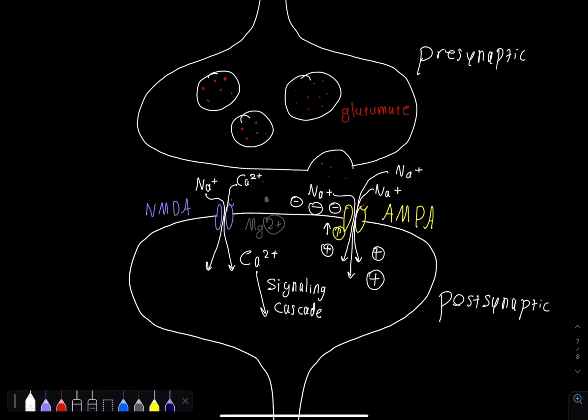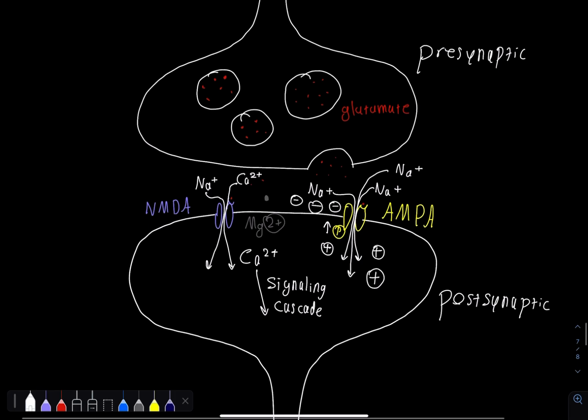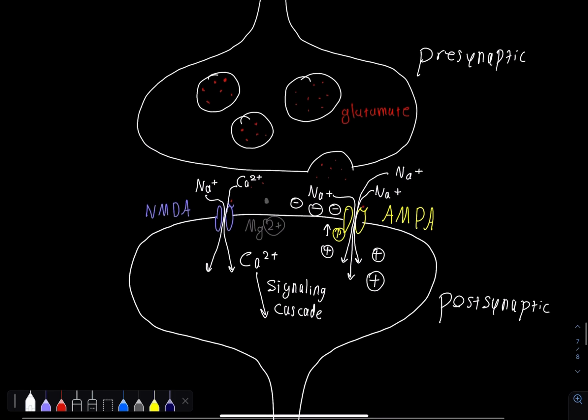So at a future time point, once the NMDA receptors are activated and you get this signaling cascade and change in gene expression, at a later point when you have the same amount of glutamate binding to this receptor, you will have more sodium coming in, right? So this basically increases how much signal that this postsynaptic cell can receive from the same amount of glutamate.